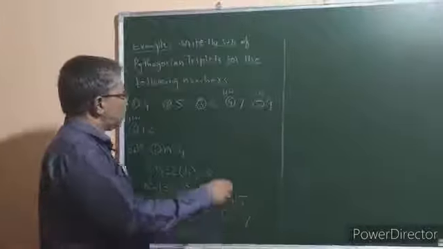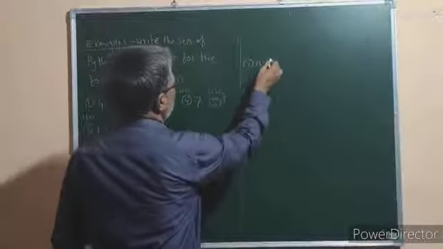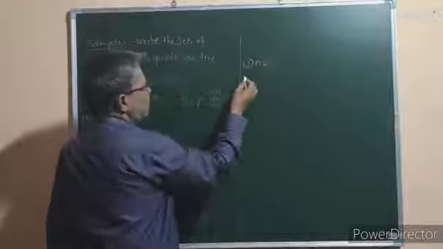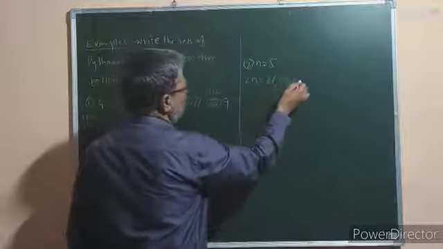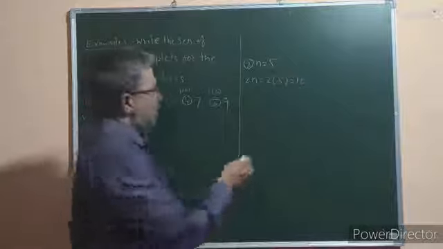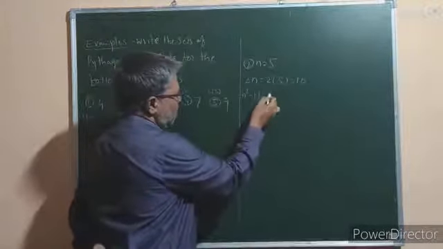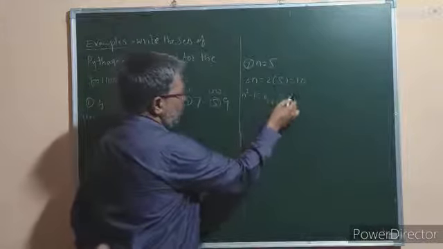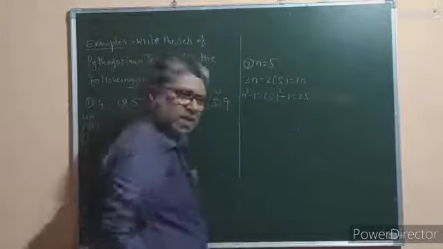Now let us solve the second example, example number 2. n is equal to 5. Alright, so find 2n. 2 into 5 is equal to 10. Alright, find n square minus 1, which is equal to 5 square minus 1. 25 minus 1 is equal to 24.